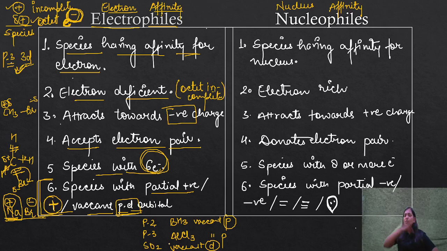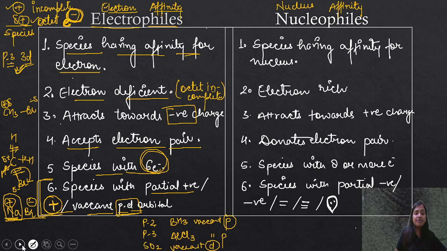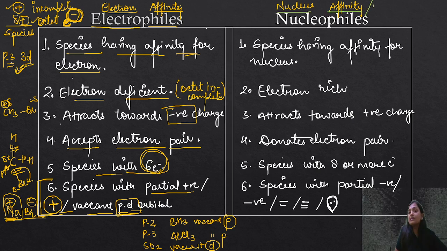Now nucleophiles are just the opposite. The better you understand the electrophiles, the better you will understand the nucleophiles. Now what is the difference? Simple, go with the definition which I just shared with you. Nucleophiles have nucleus affinity, meaning they are nucleus loving.